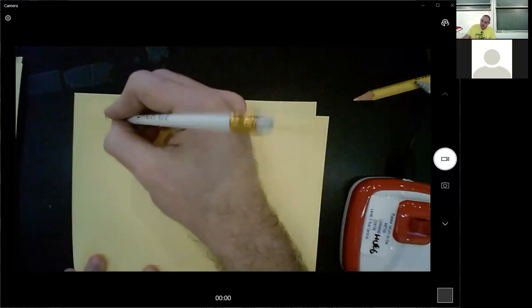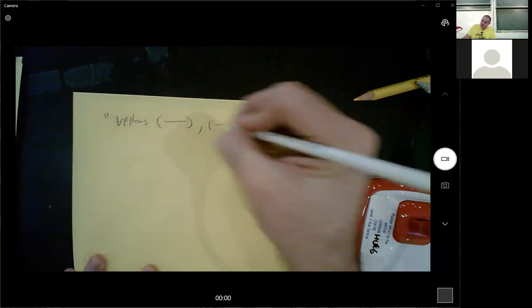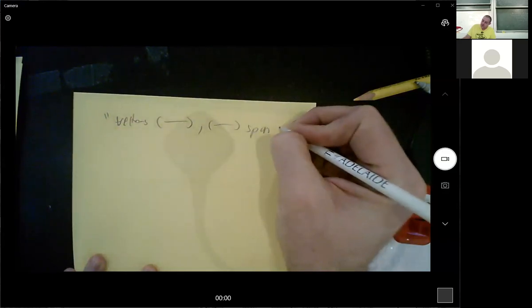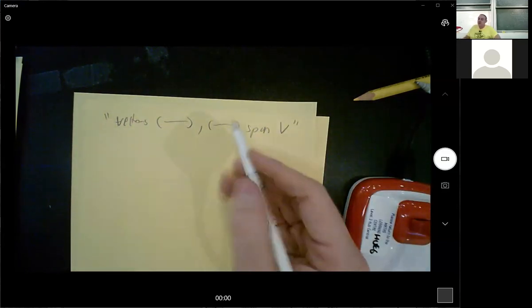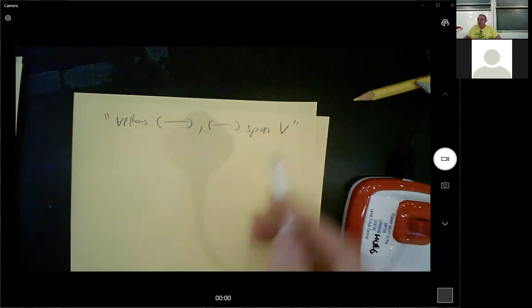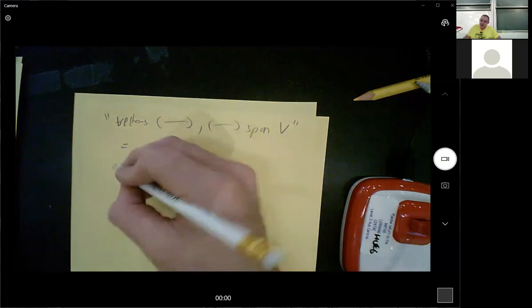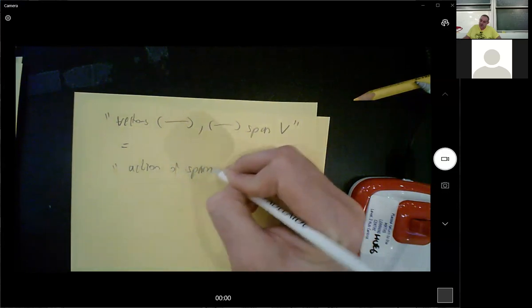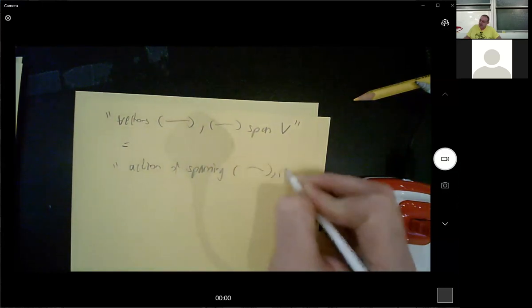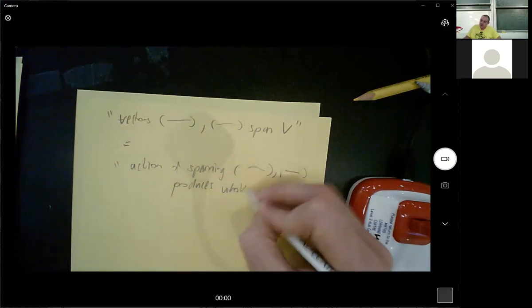So when you say the vectors, whatever they are, span a thing called V, what that means is when you do the action of spanning, then what you produce is V. So this is short for the action of spanning these things produces the whole of V.